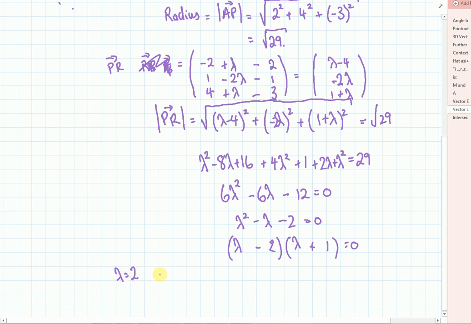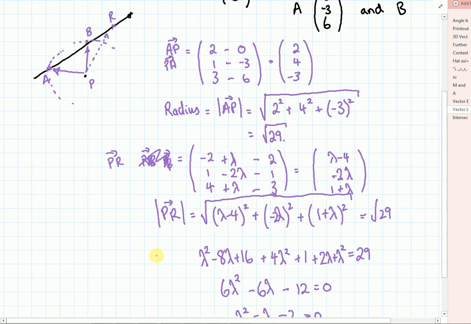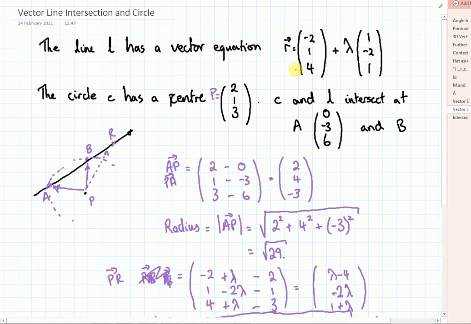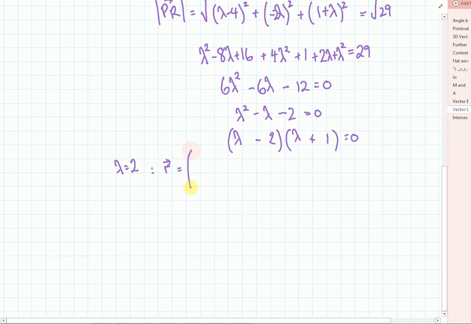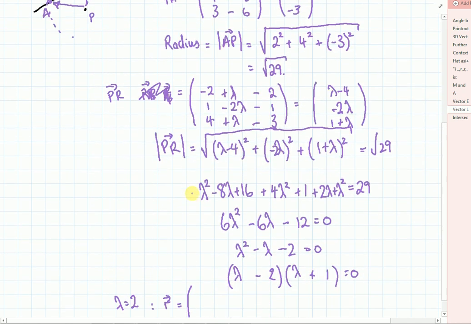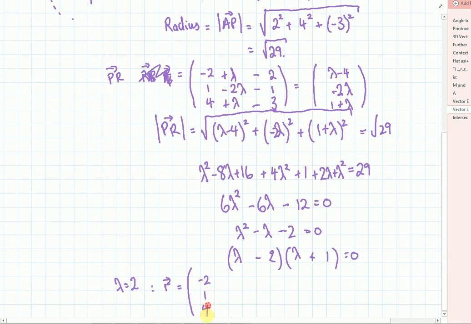And when we put our values in for lambda, it will give us, in our original equation of the line, the absolute position, given by minus 2, 1, 4 plus lambda times its direction vector, 1, minus 2, 1.